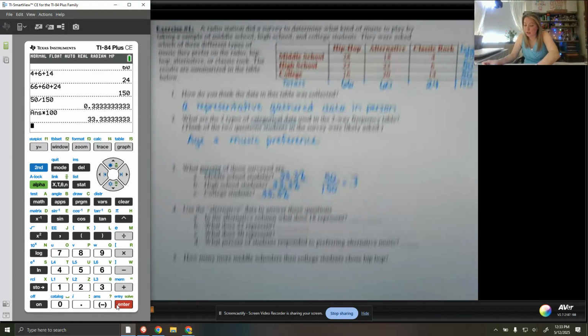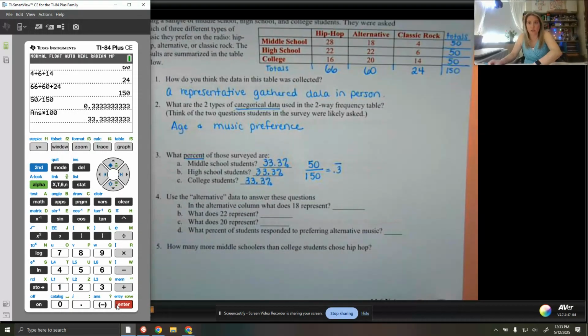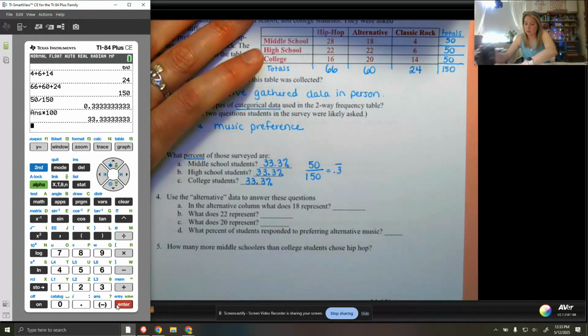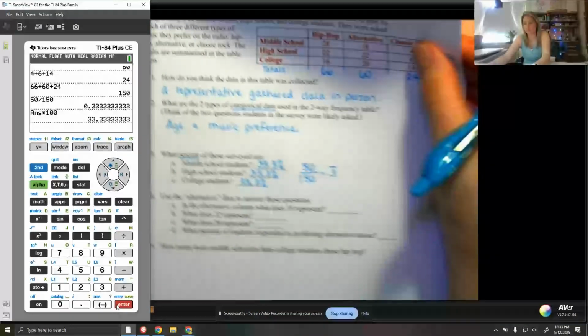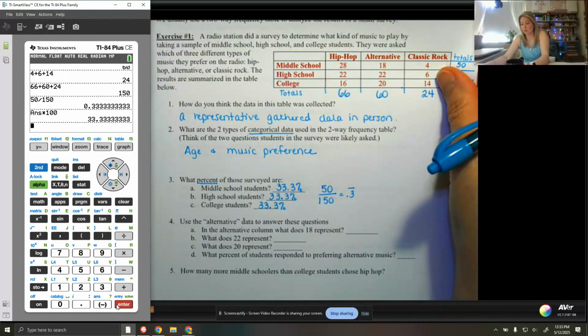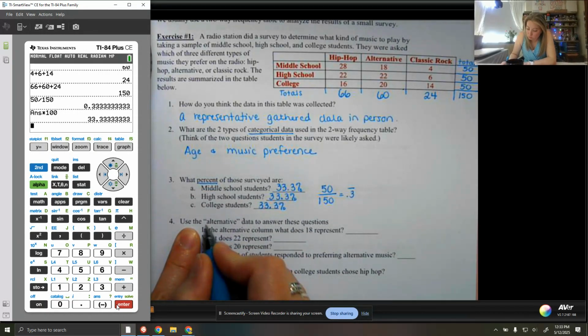So this one asks us to use the alternative data to answer these questions. I'll scooch over so we can still see our table. Okay. Use alternative.